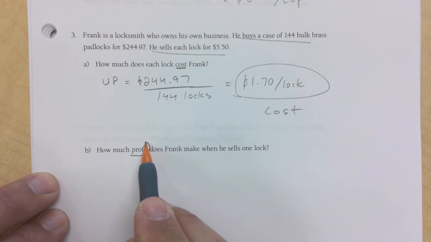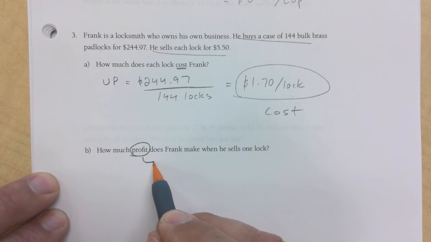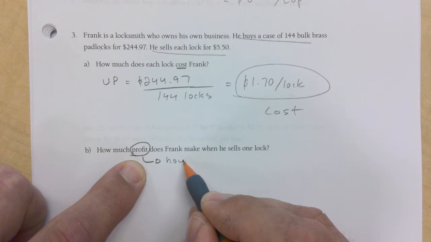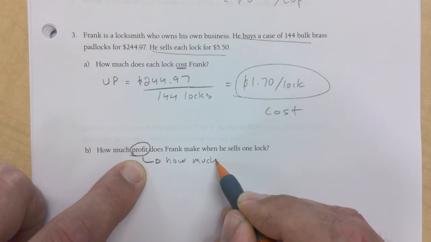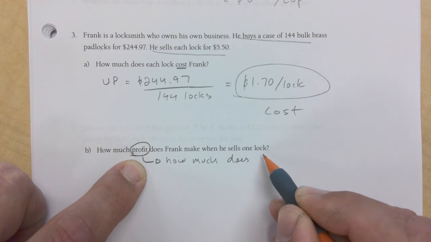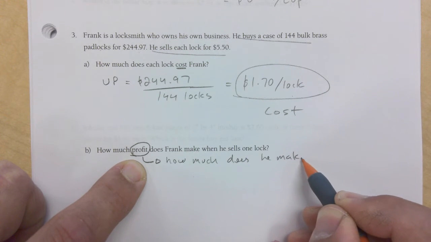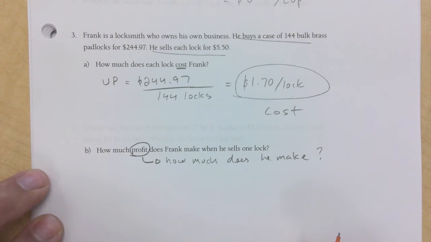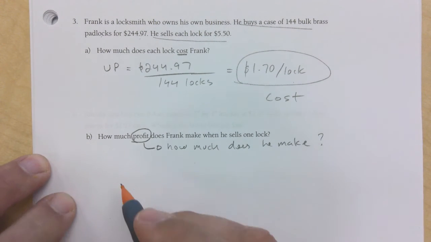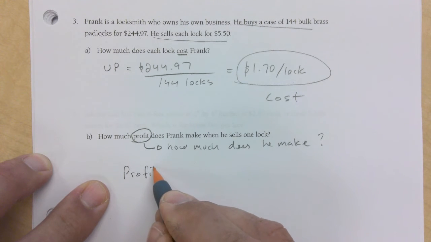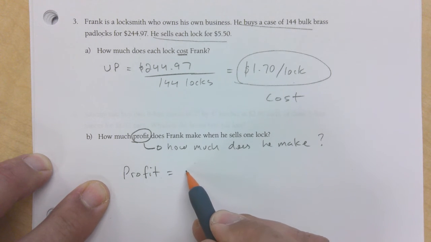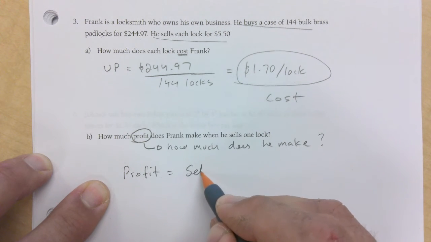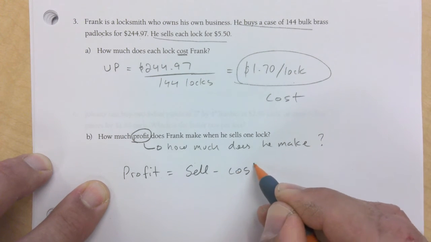So profit is, I don't know if you're familiar with this, how much did he make? How much does he make per lock when he sells one lock? Well, profit would be, right, what you sell minus cost.